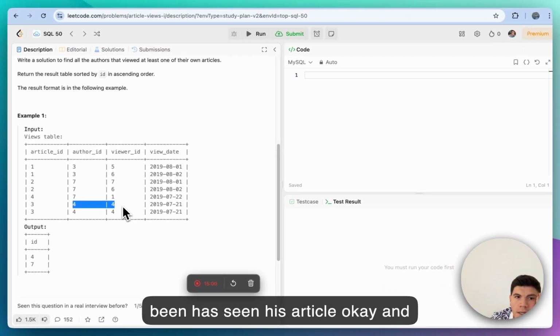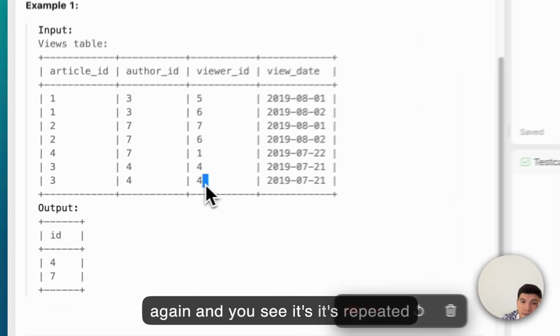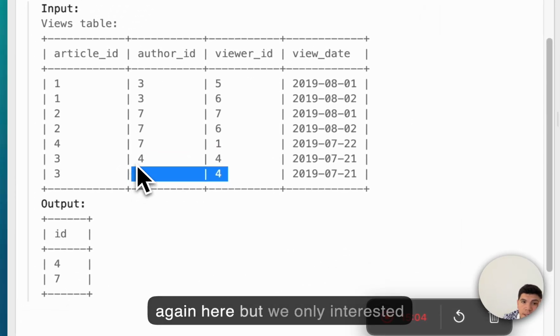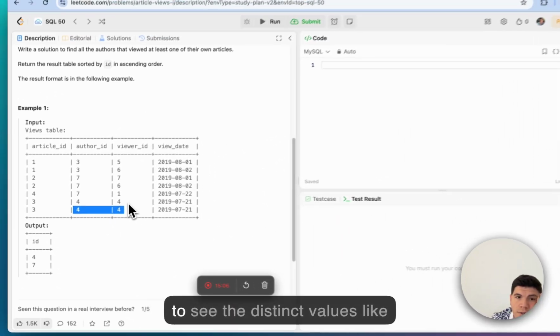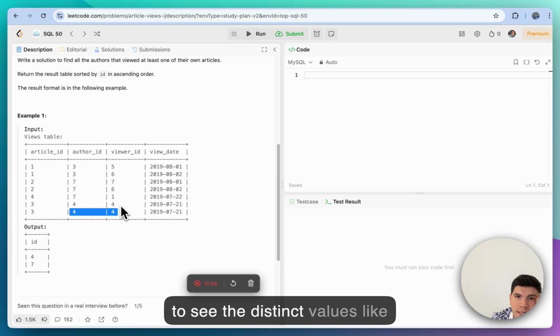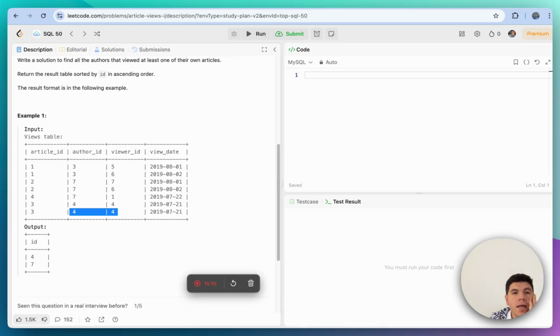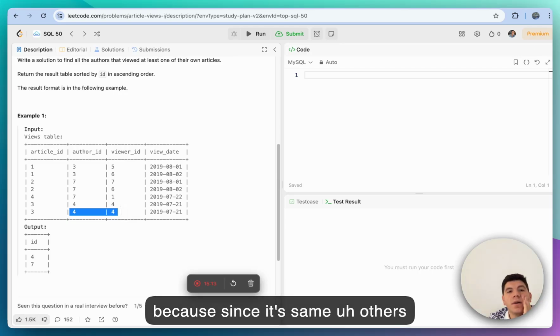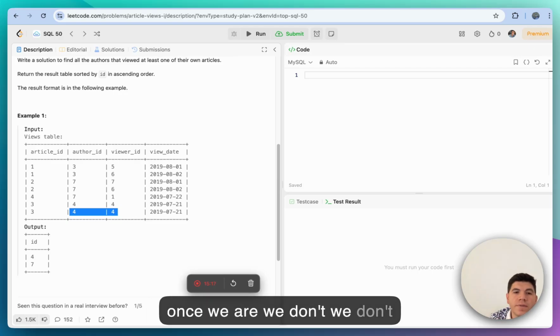Okay, and again, you see it's repeated again here, but we are only interested in the distinct values, because since it's the same author, we are only interested in finding it once. We don't count the repeated values.